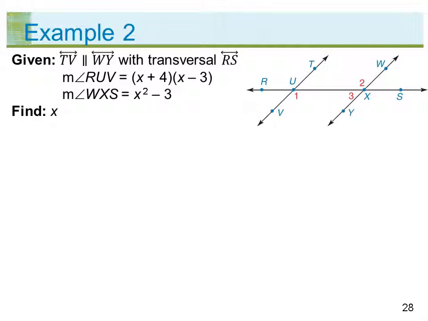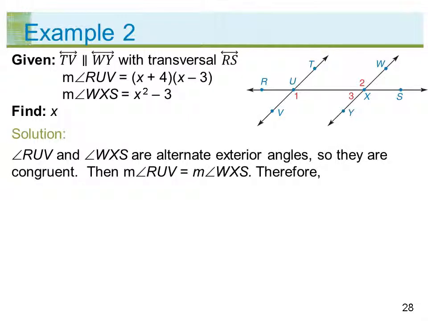Measure of angle RUV equals the quantity x plus 4 times the quantity x minus 3. Measure of angle WXS equals x squared minus 3. Find x. Solution. Angle RUV and angle WXS are alternate exterior angles, so they are congruent. Then, measure of angle RUV is equal to the measure of angle WXS.